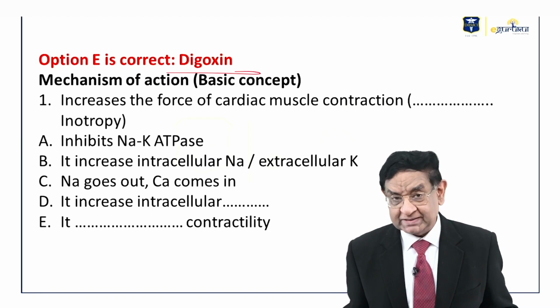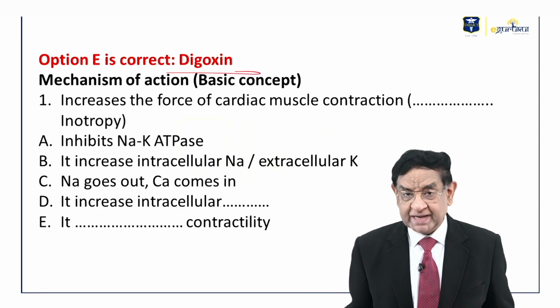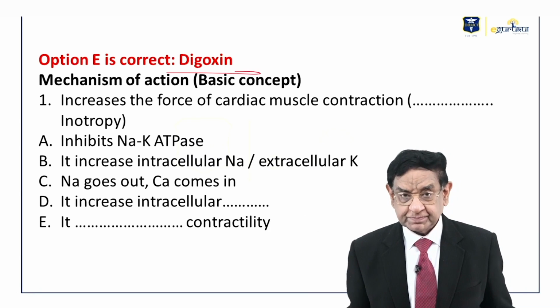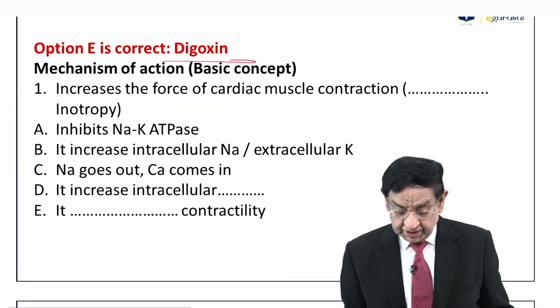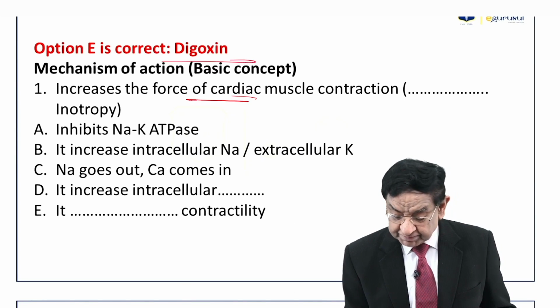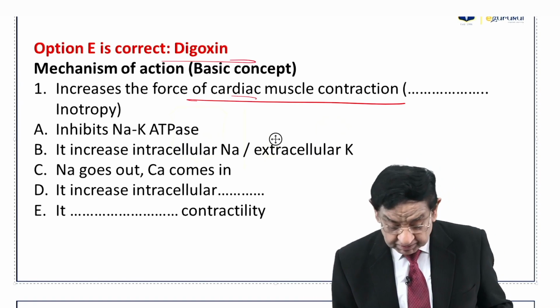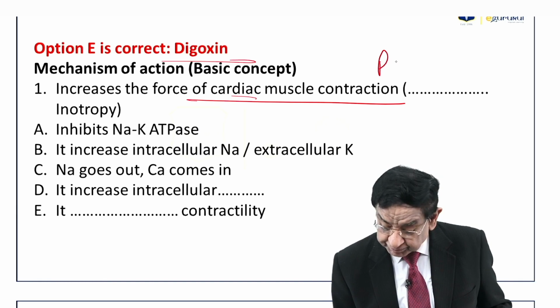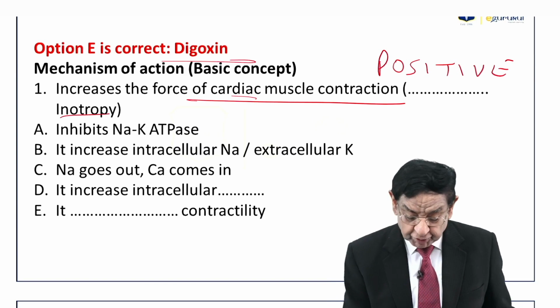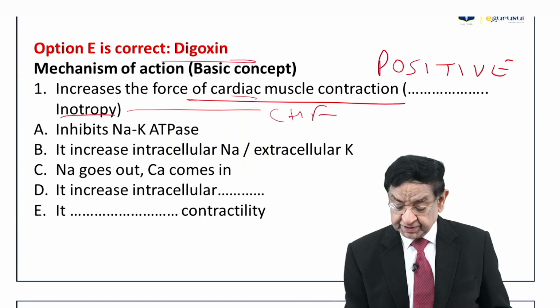And that we will never understand unless you know the basic concept about the mechanism of action of digoxin. Well, we are well aware that this increases the force of cardiac muscle contraction, that is so-called positive inotropy, and that's why this drug is used in some cases of congestive heart failure.